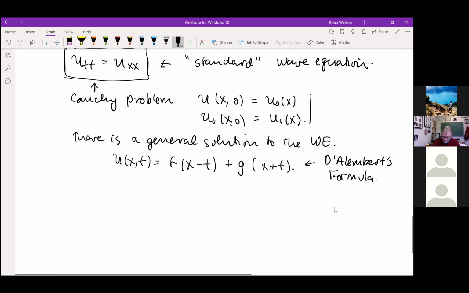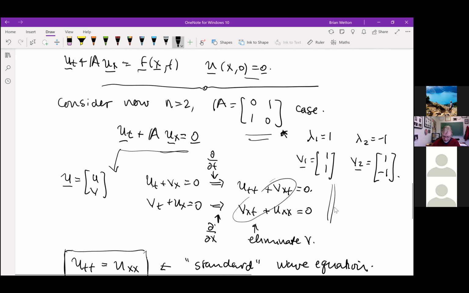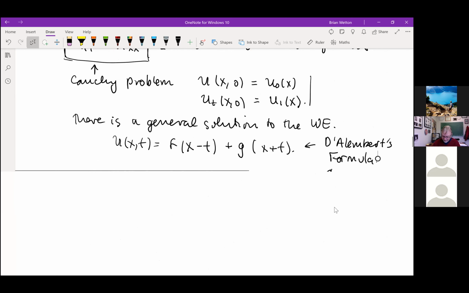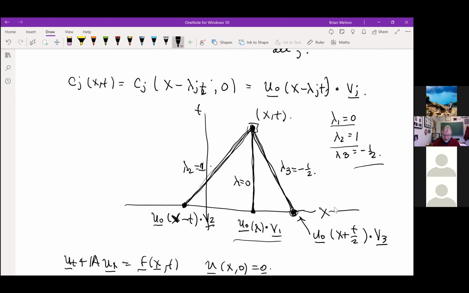And if you're wondering how you can derive it, there's two ways to derive it. One is from the vector form, right? We already know from here that the solution at this x and t has to come from the characteristics.